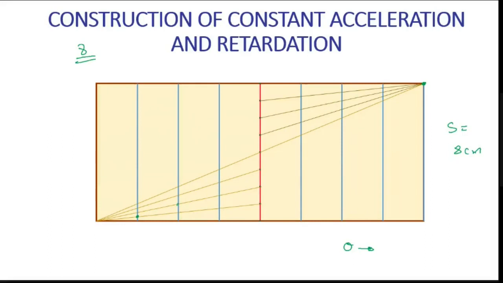Second line, second point. Third line, third point. Fourth line is the center point. Fifth line is this, sixth line is this, seventh line is this, and the last one is 8. Connect these points and you will get that curve. This is for uniform acceleration and retardation.